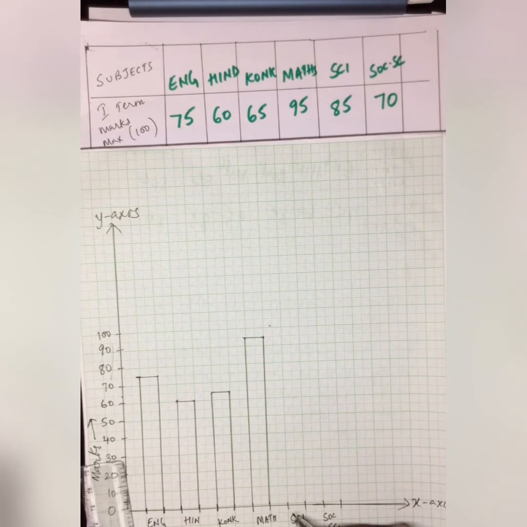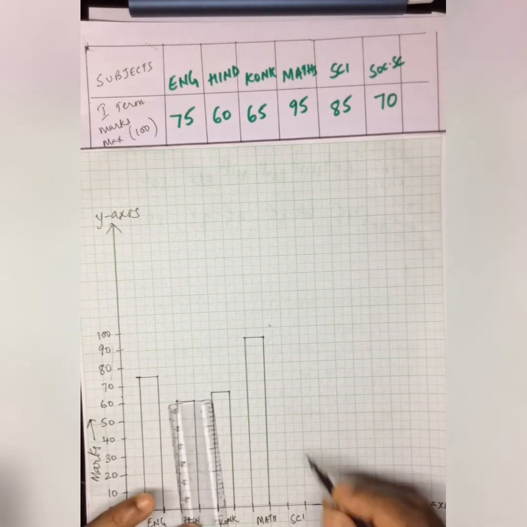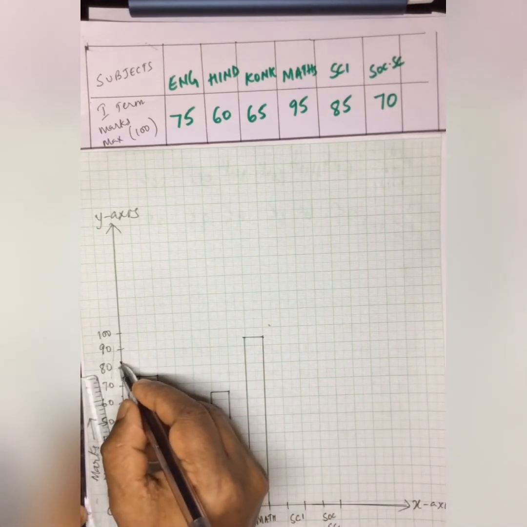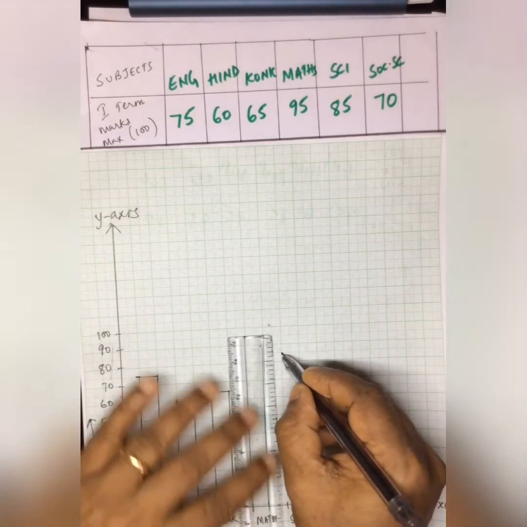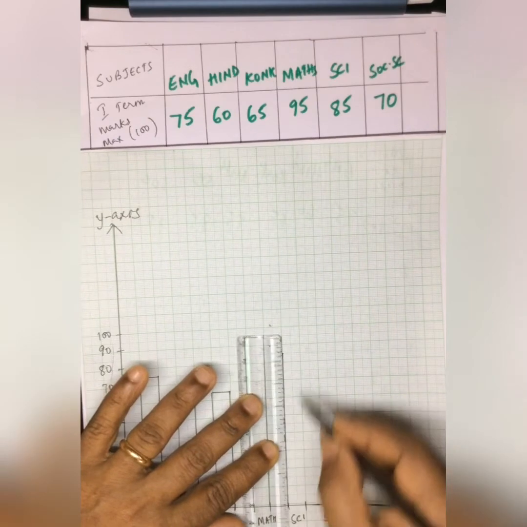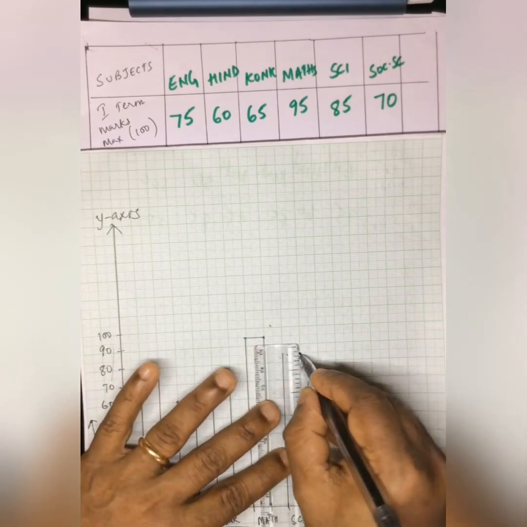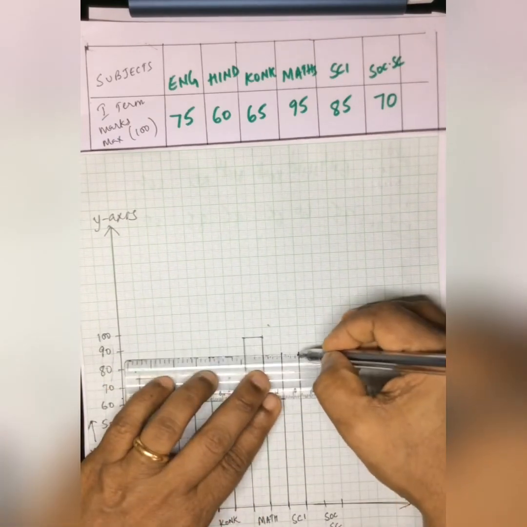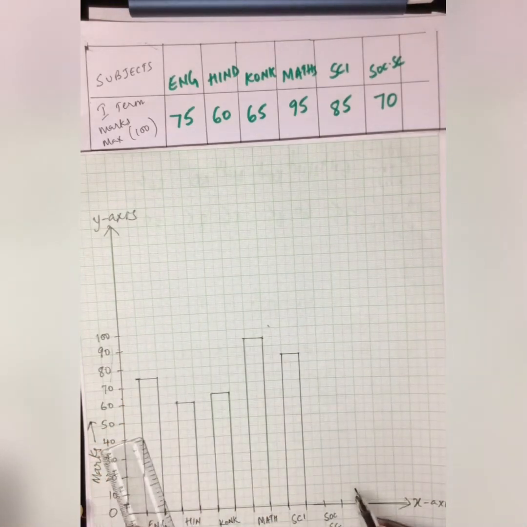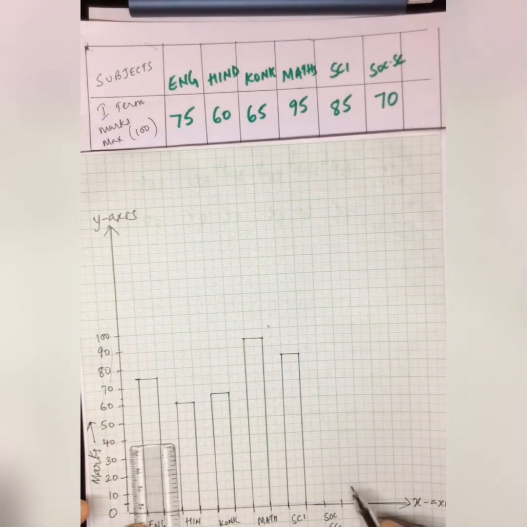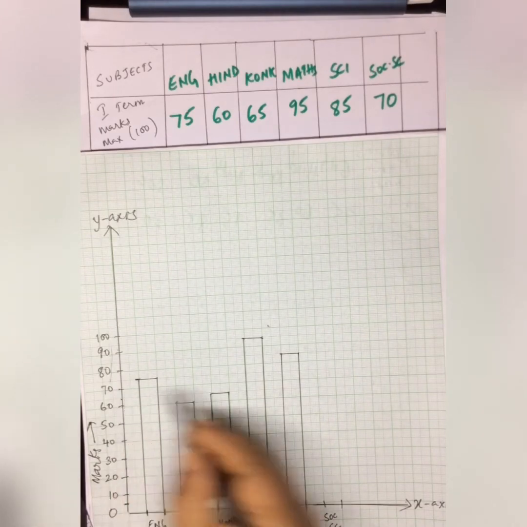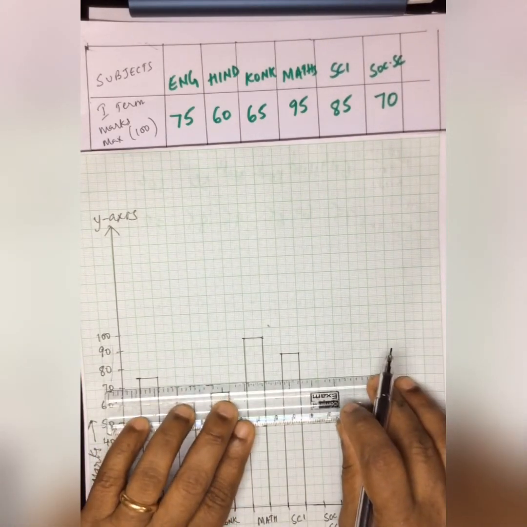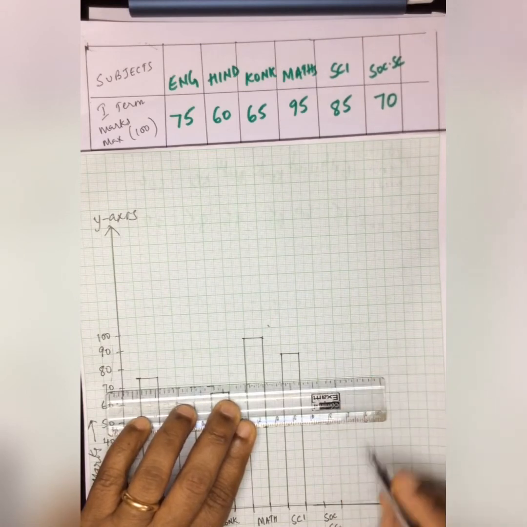Then you go for science. Science is 85. So from 80 to 90 there are 5 small divisions. Social science is 70. So 0, 10, 20, 30, 40, 50, 60, 70. So you hold the scale and check where is 70.